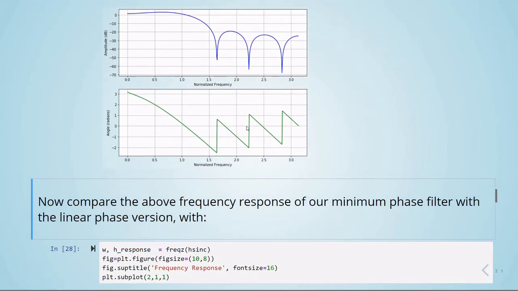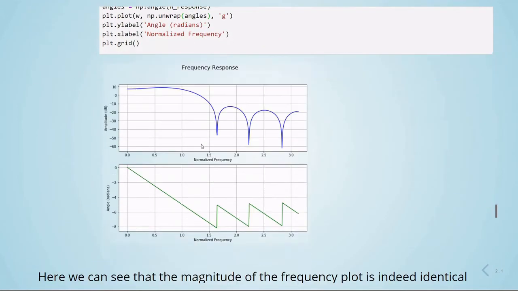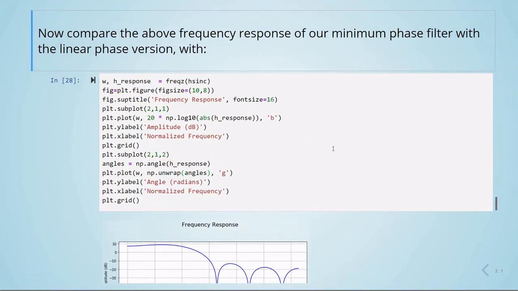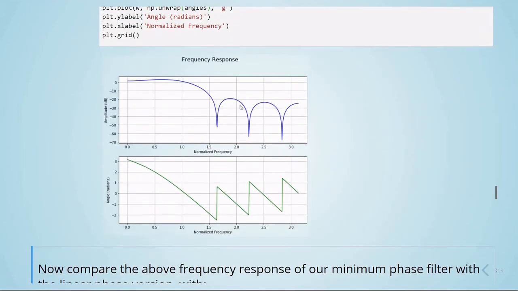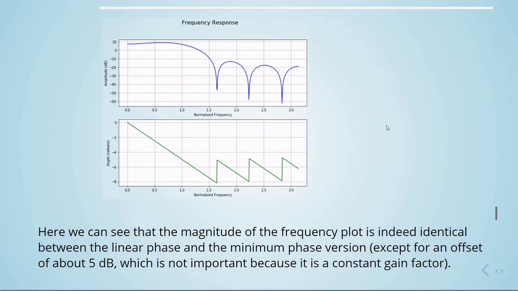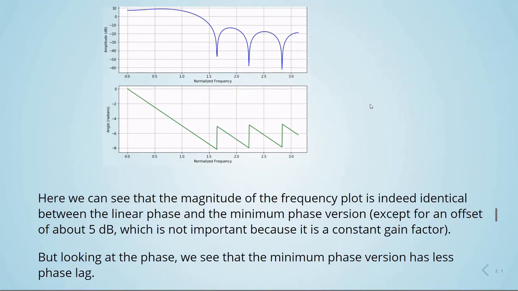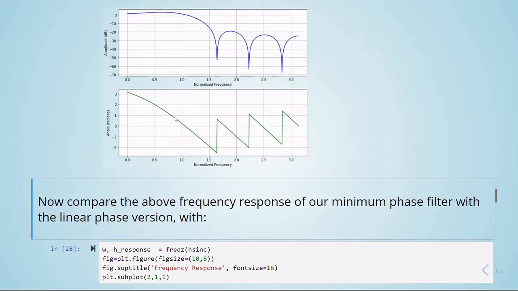Now if we compare the above frequency response of the minimum phase with the linear phase plotted here, we can see that the magnitude is about the same, except for an offset of about 5 dB, which is not so important because it's a constant gain factor. But looking at the phase, we see that the minimum phase has less phase lag.